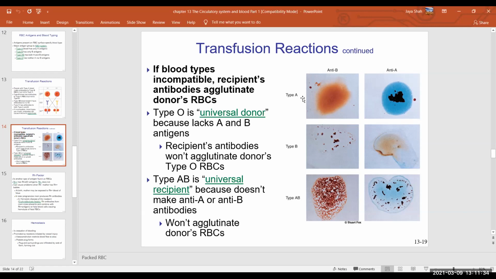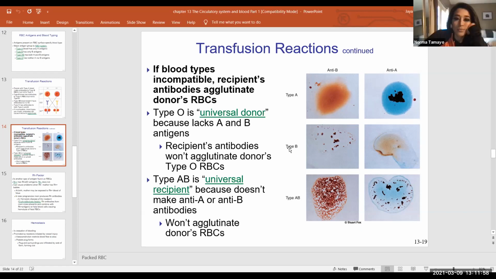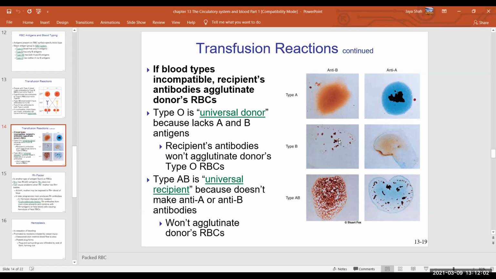So let's see, I have type A blood and anti-B antibodies. There is no agglutination because there is no B blood group. This is A. That's how you see blood is very smooth, no agglutination, no clumping. But if I have a serum which is anti-A, and I mix it with A blood group, what happens? They clump. If I have type B blood group, and then I put anti-B, what happens? Again, clumping.